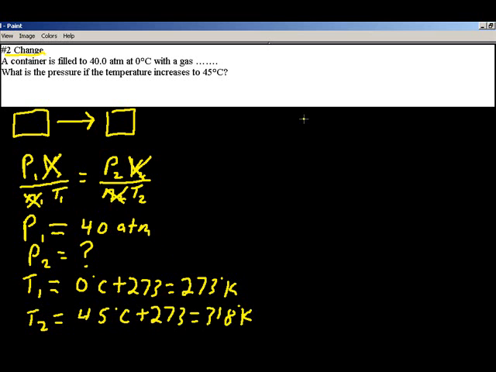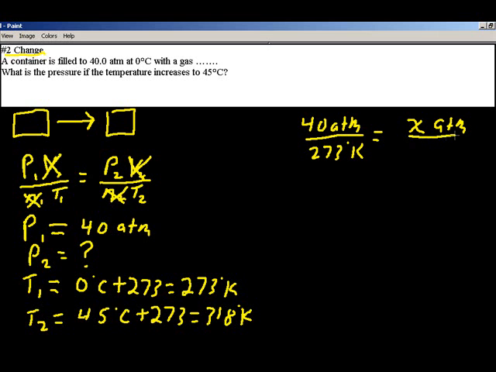So now I plug it into my equation. P1, 40 atm. T1 is 273 degrees Kelvin, is equal to, I don't know what my pressure is going to be at the end of this.